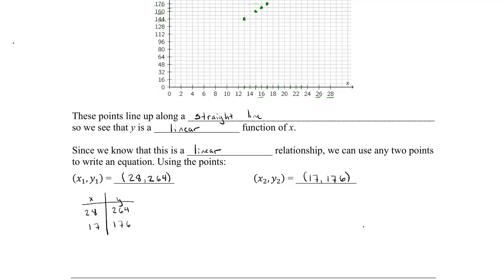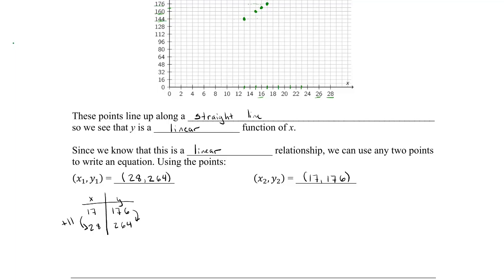And actually, when I put these into a little table, I want to put the one with the smaller x value first. So 17, 176, and then 28, 264. The change in x here, x increased by 11.